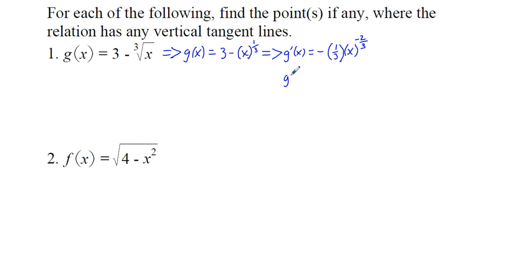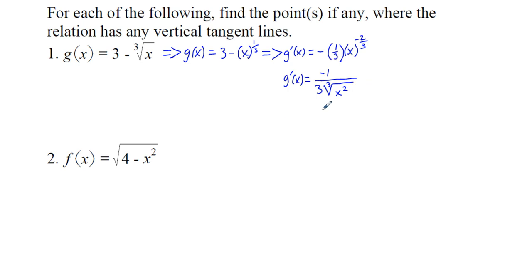For g prime of x, we're going to change this back into radical form. We're going to have negative 1 over 3, times the cube root of x squared.